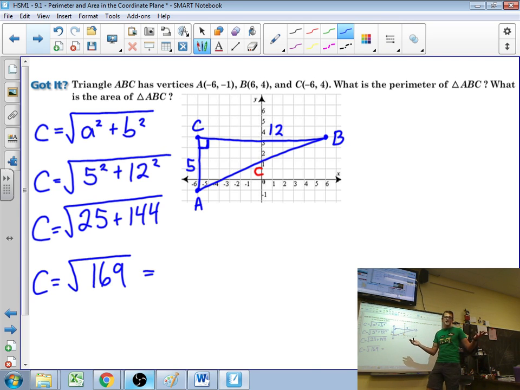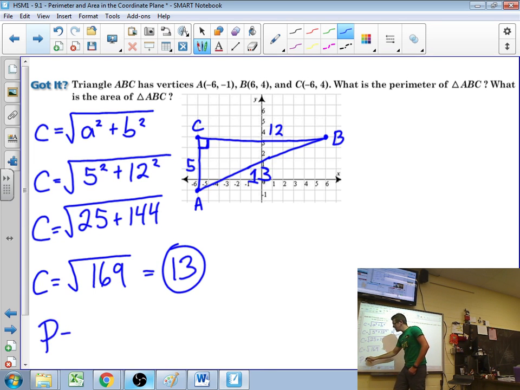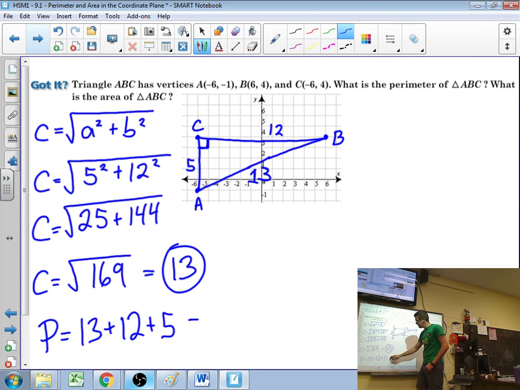Radical 169 is 13. So that tells me that c here is 13. And then to find my perimeter, just add up all your sides. So 13 plus the 12 plus the 5, and I get a total perimeter of 30 units.